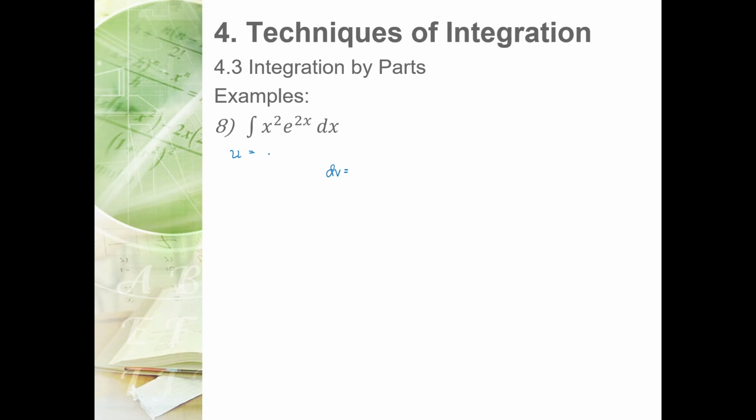So for me, my difficult term is e to the power of 2x dx. Maybe for some of you, your difficult term will be x squared, so it depends on what you want as your dv. But for me, it's this one.